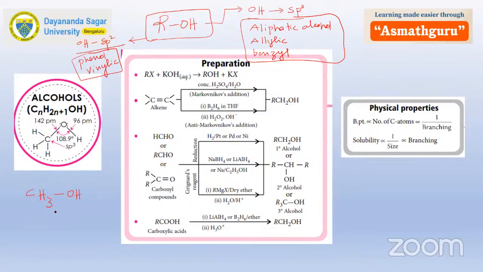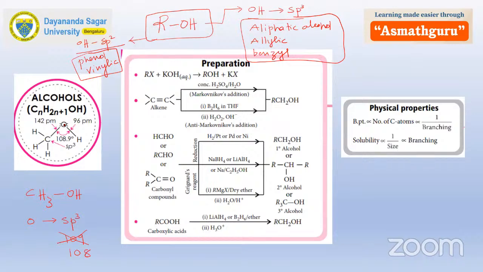If you look at the structural aspect of it, in alcohol the oxygen atom undergoes sp3 hybridization. So the bond angle expected is around 109, but slightly less, as you can see in the box. It will be around 108. Why?